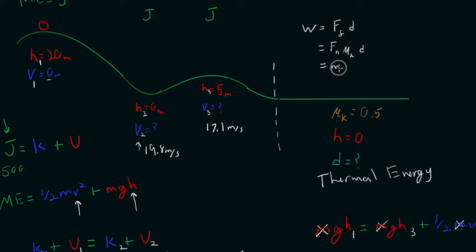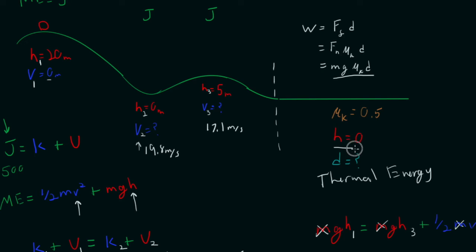So our force of gravity would just be mg, then times that mu k, then times that d. So whenever we're looking at the work done by the force of friction, we can say mg mu k d. And so we can set this amount equal to our initial potential energy. It's going to be the same amount.